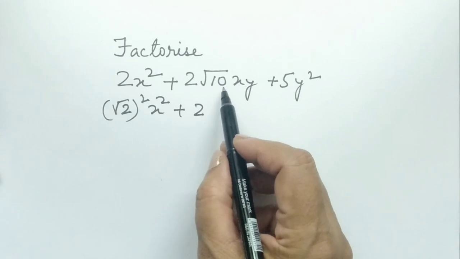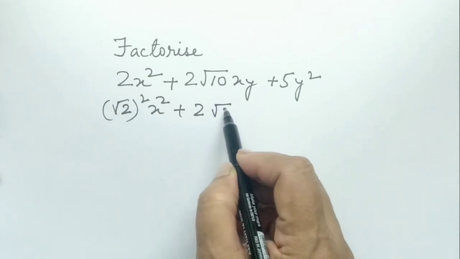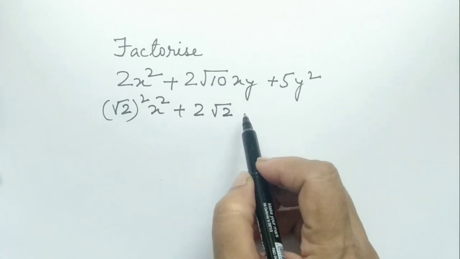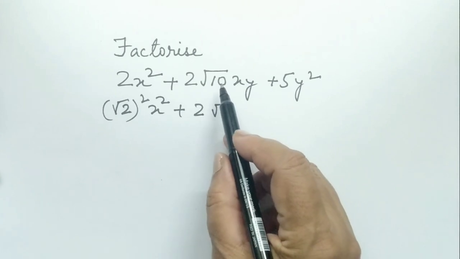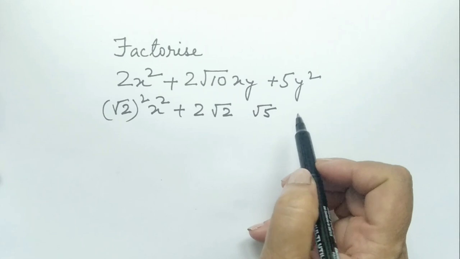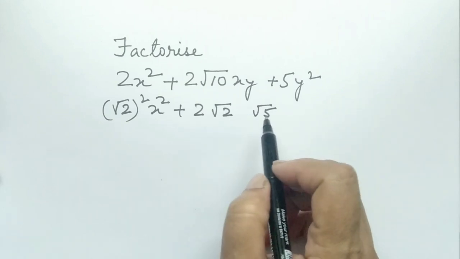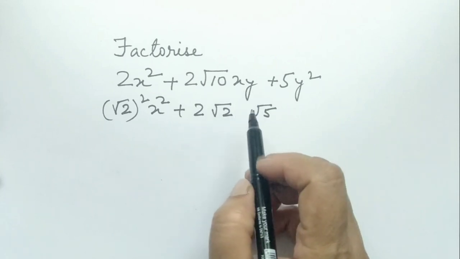and for this we can bifurcate into two parts, means break up into two parts. So root 2, okay, and root 5, got it? So root 2 multiplied by root 5 will give me root 10.